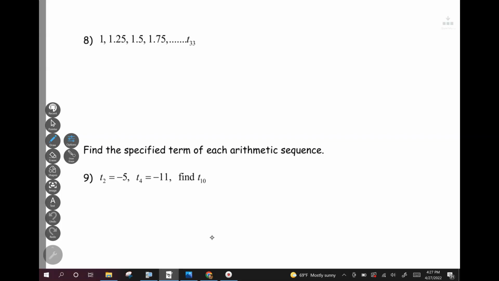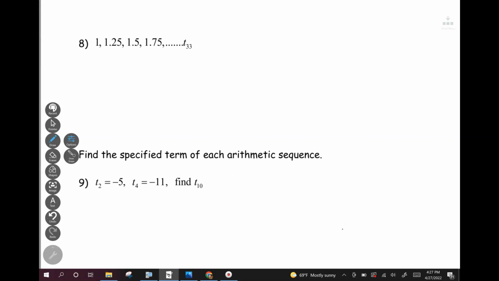All right, and this is the last one we're going to do. Today we will finish these notes tomorrow. So let's take a look. Same idea. First term. Common difference. Okay, write the formula.